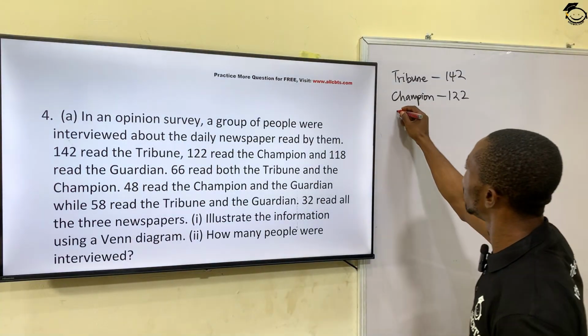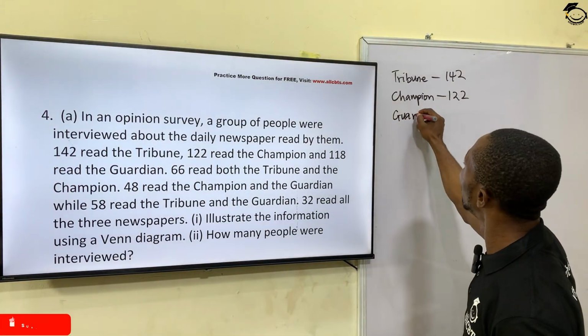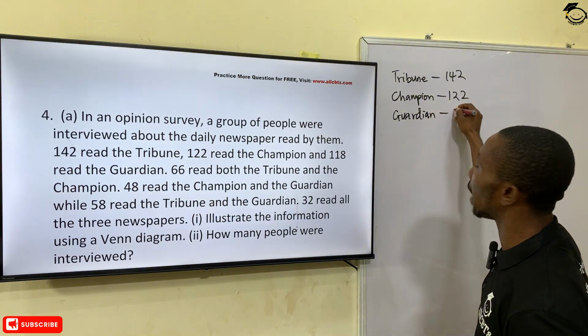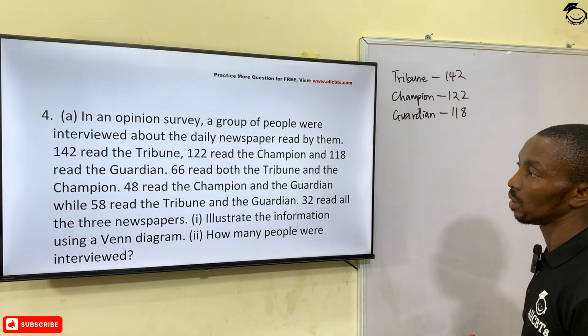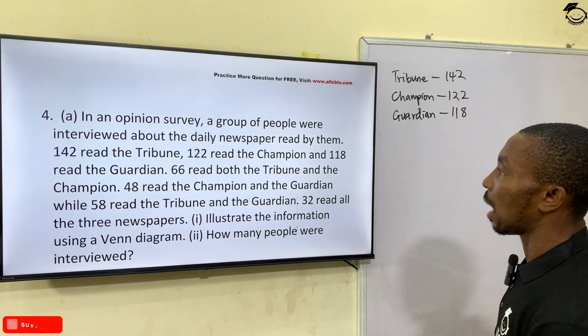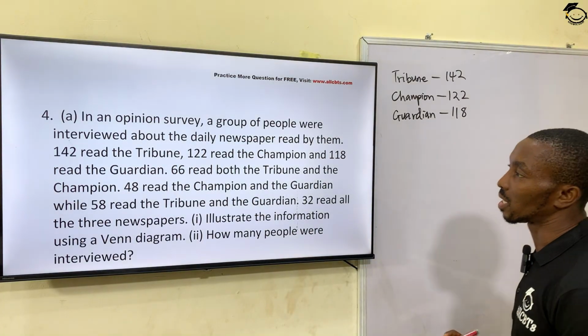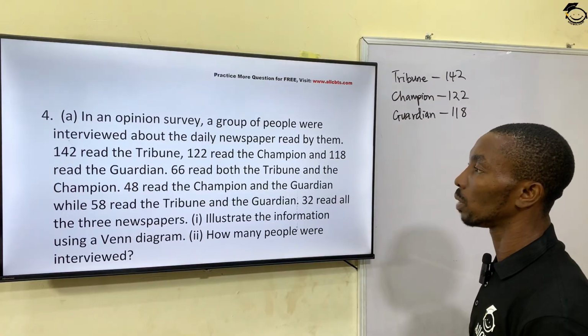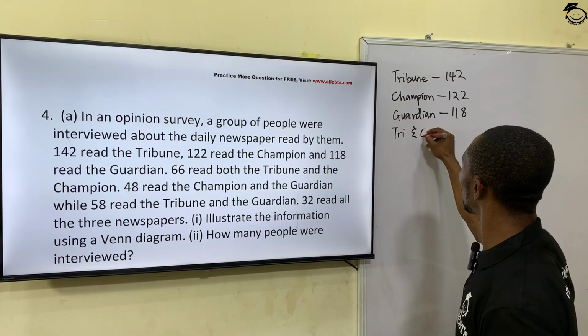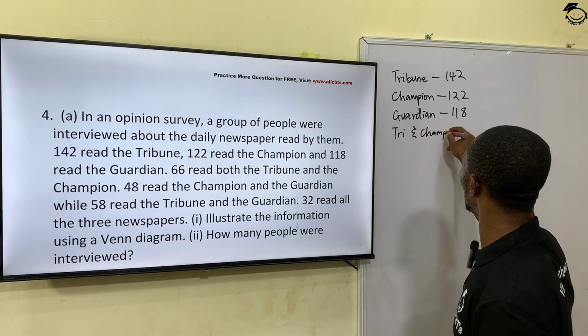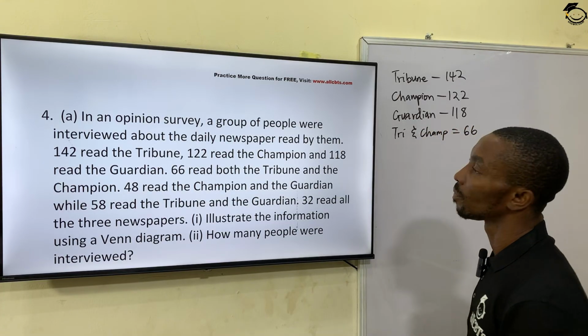And for the Guardian, we have 118 people reading the Guardian. Now, out of them all, 66 people read both Tribune and Champion. So Tribune and Champion, we have 66.